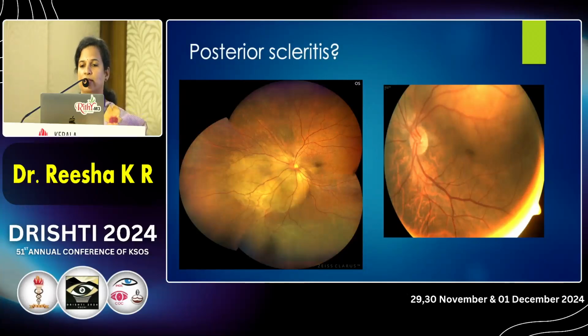Look at these two images. Both look very much like posterior scleritis, but not much inflammation. In the first photo, more of quiet fluid, and you can see one mass underneath. This was a metastasis from CA breast, and the second patient was not having much fluid detachment. It's a mass pushing from behind.